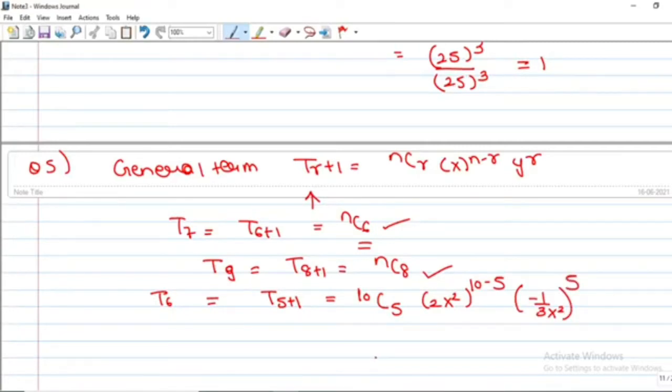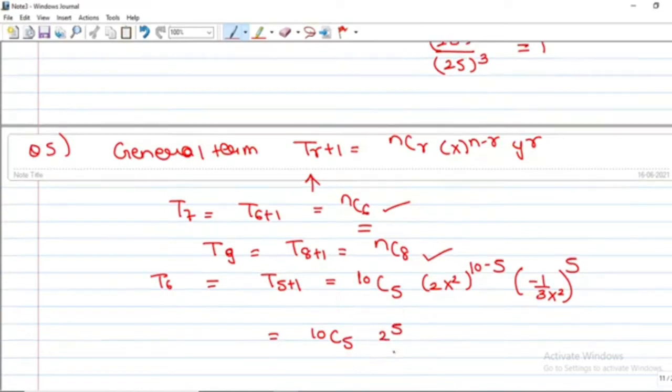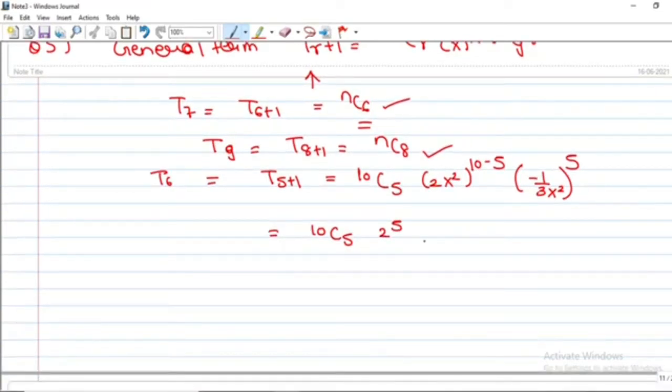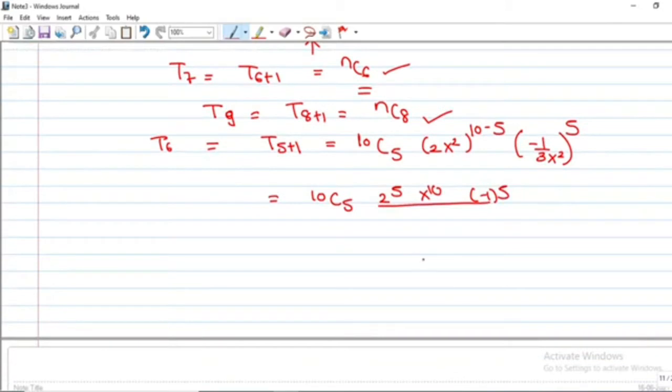If you do the calculation, you will come to know here 10C5, 2 power 5 and x power 10, minus 1 power 5. Separate all the things, and in the denominator 3 power 5 and x power 10.